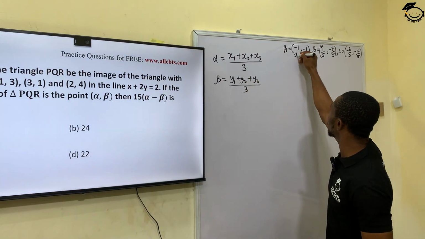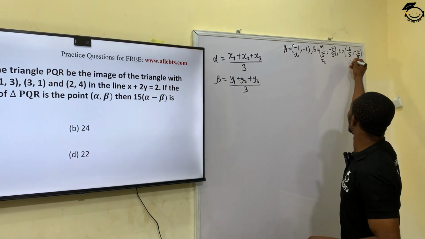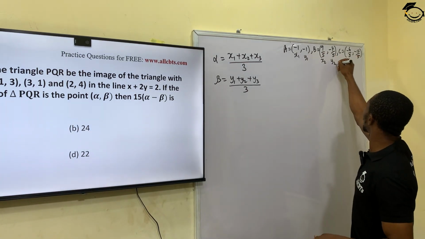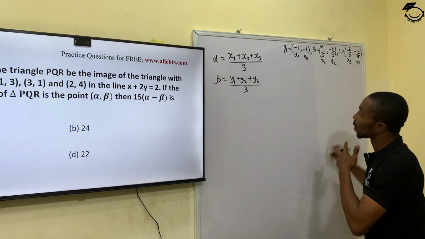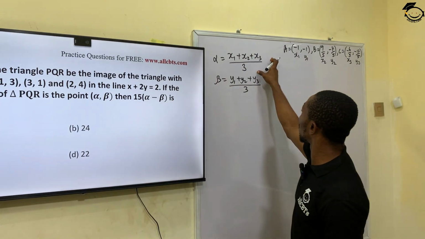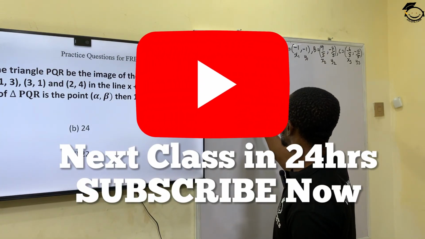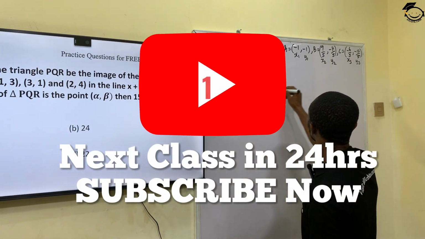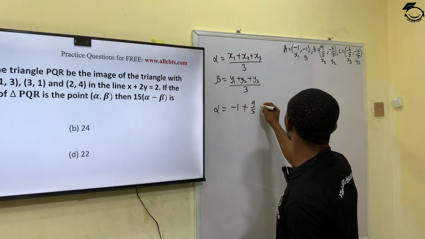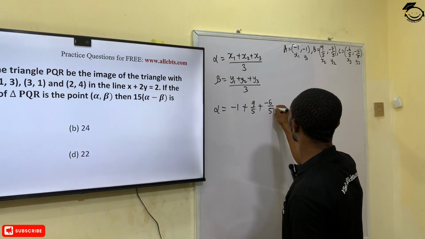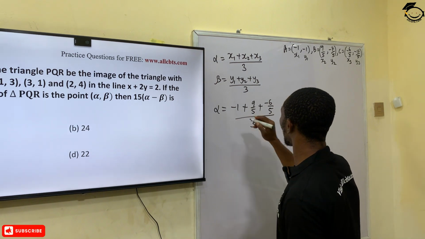Now this is our x1, x2, x3, y1, y2, and y3. All right, so now let's calculate that of our alpha. Alpha will be minus 1 plus 9 over 5 plus minus 6 over 5 all over 3.